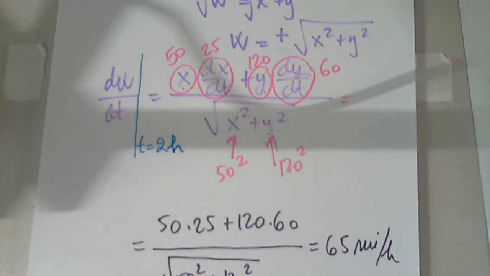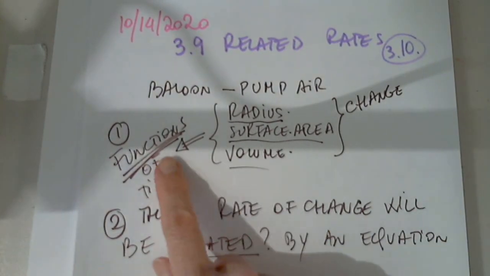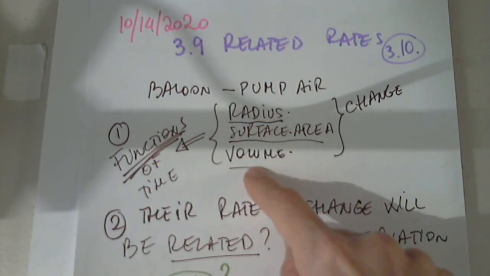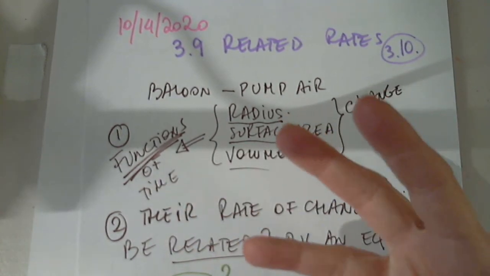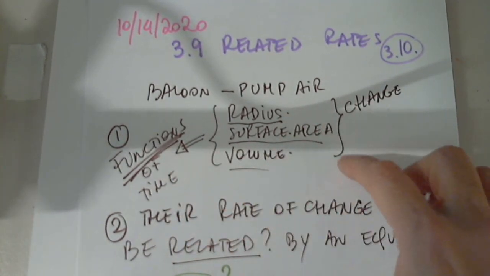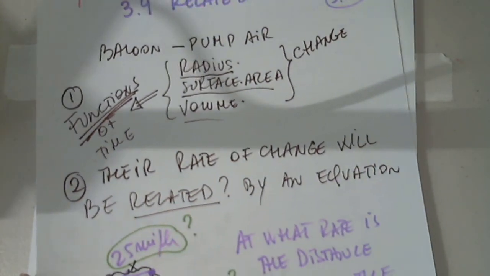Any questions on this problem? So, what happened here? Where's my first page? Right here. So, what happened was, like in my simple example here, we had three functions of time, x, y, and z, and w, and their rates of change.